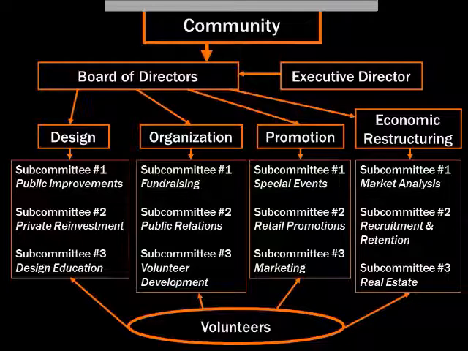The executive director reports to the board of directors and coordinates the vast majority of the work of the organization. But all of these entities, the subcommittees, the executive director, the volunteers, are ultimately responsible to the community. Even though they're implementing the mission and vision of the organization, that mission and vision is born out of the larger community vision, and so that community has to be kept in mind.